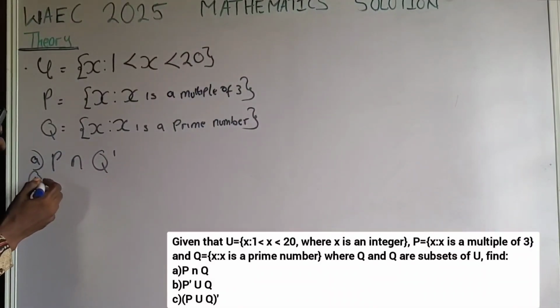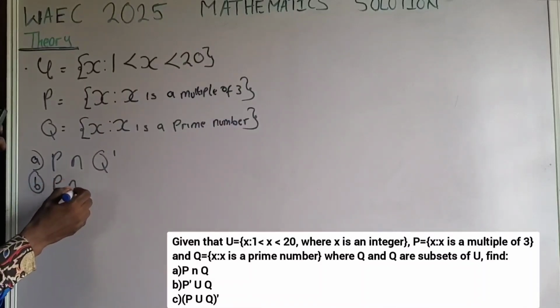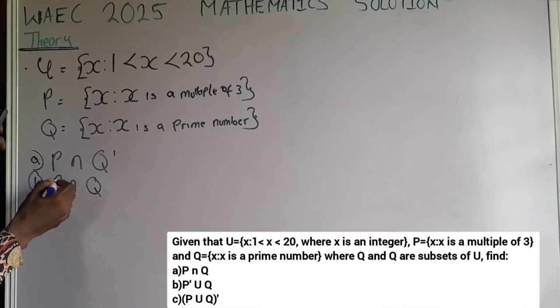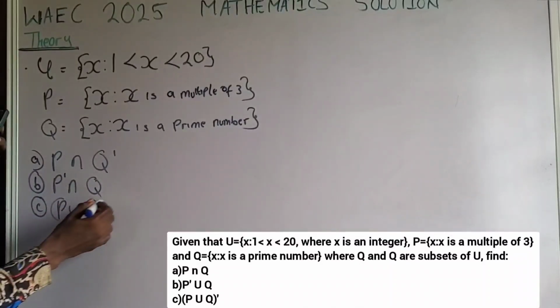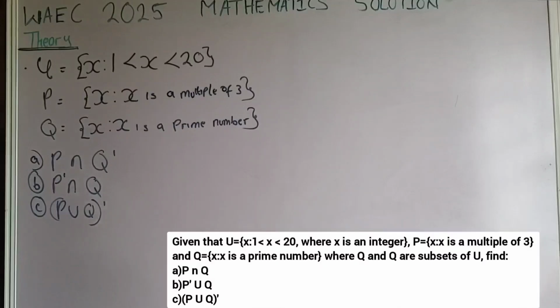Then the second question is P prime intersection Q. Then the third question is P union Q prime. These are the three questions that we are given under this first question.